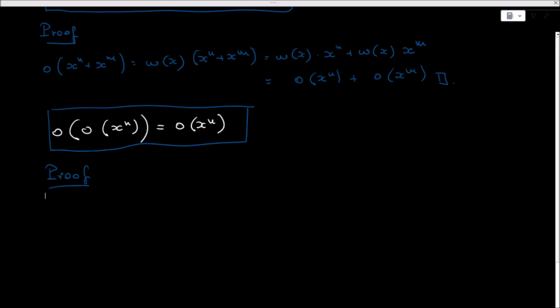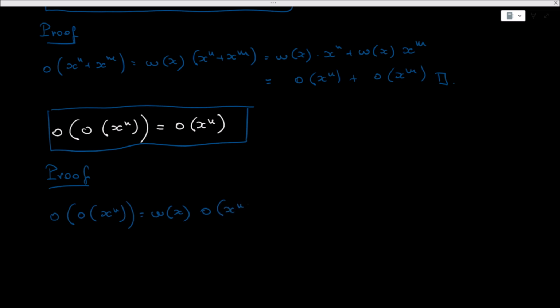The proof is the following. Little o of x to the n means omega of x times x to the n, where omega of x goes to 0. But this is like saying that, instead of writing little o of x to the n, we can write omega 1 of x times x to the n.